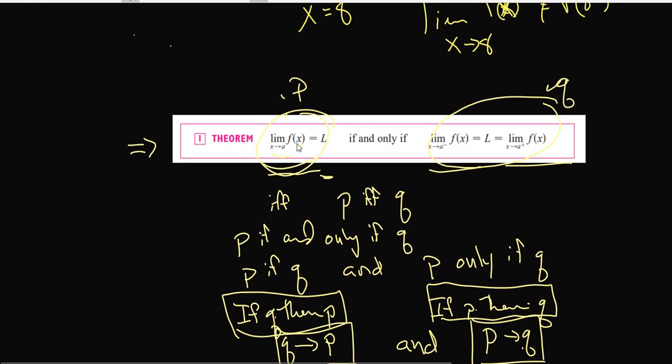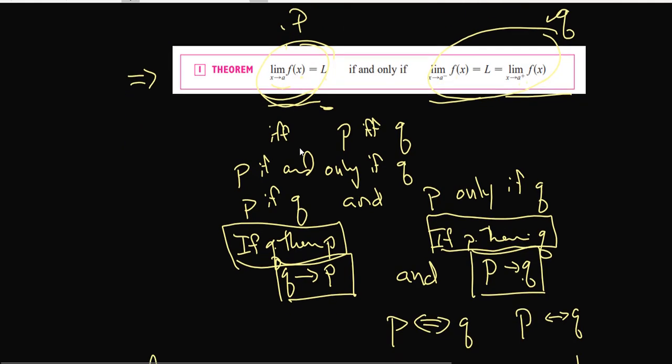So we want to know the limit of the absolute value function as x goes to 0. If we show that the left-handed limit is equal to the right-handed limit, then whatever value that is, it's also the general limit.